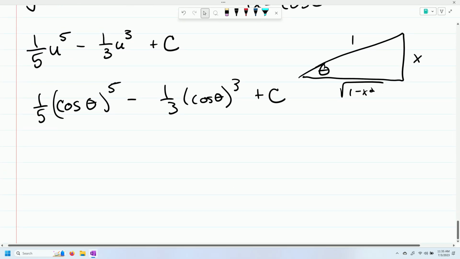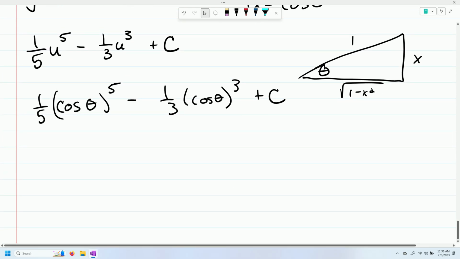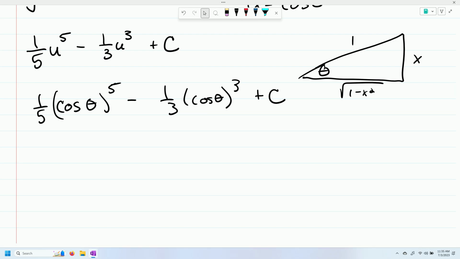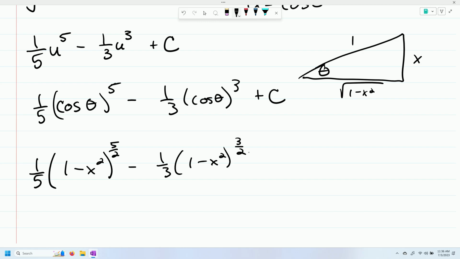We could just go ahead and use cosine theta using our right triangle just to figure out what each one of these cosines have to be. So to make this real nice, sweet, and short, this is just nothing more than 1/5 times 1 minus x squared to the 5/2 minus 1/3 times 1 minus x squared to the 3/2 plus c.